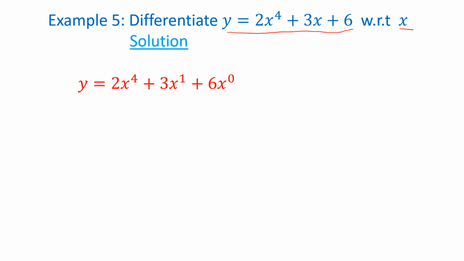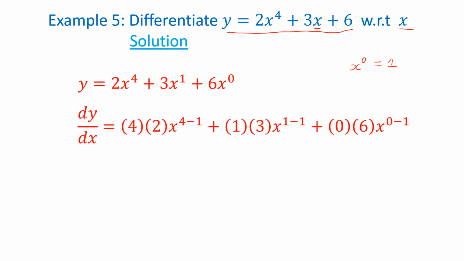So what we have done is that we have taken x, which is a single x, the same as x raised to power 1. And on 6, we didn't have any x, but we have put x raised to power 0, since we know that any number raised to power 0 is 1. So by doing so, we haven't changed the value of 6. After all, 6 multiplied by x raised to power 0 is still equal to 6.